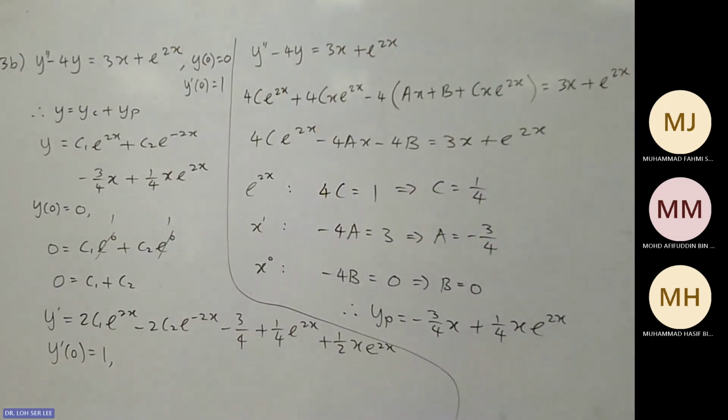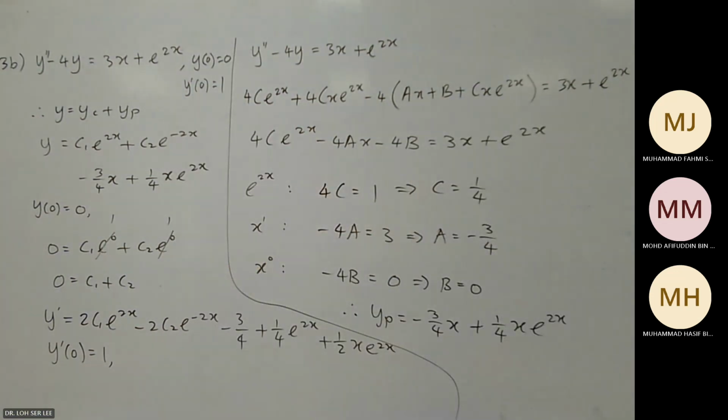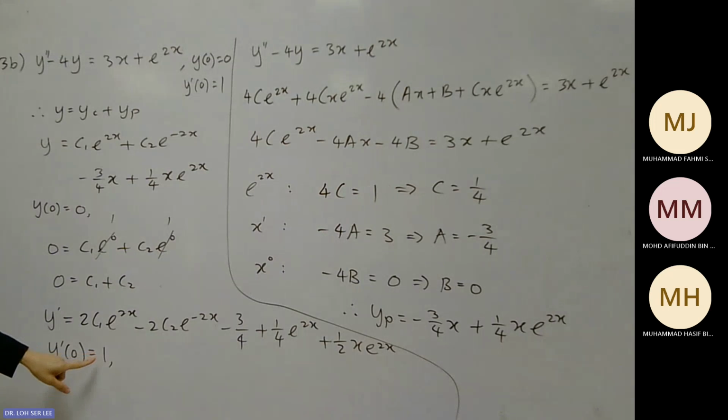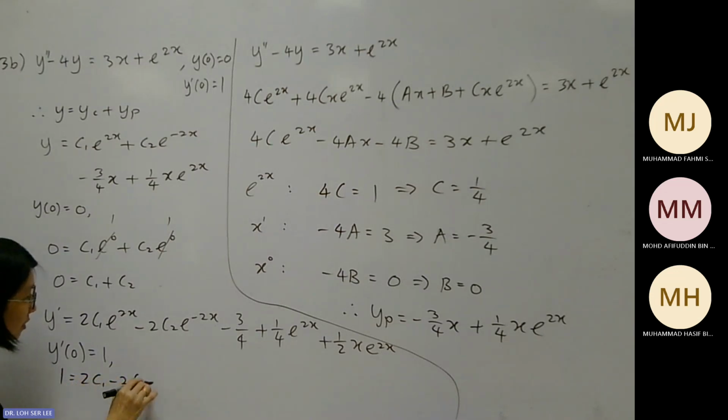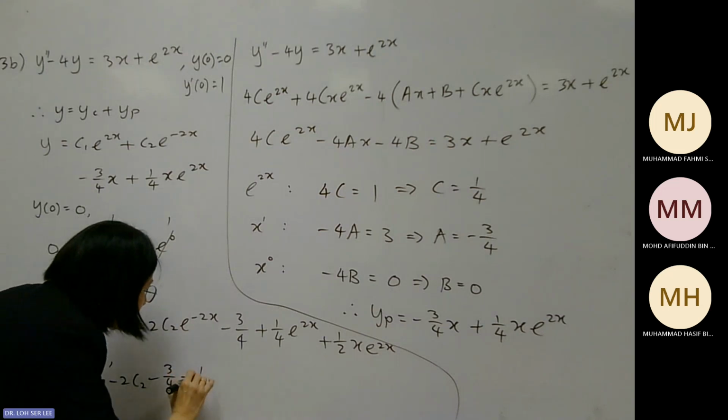When x is 0, y prime is 1. So 2c1 minus 2c2 minus 3 over 4 plus 1 over 4.